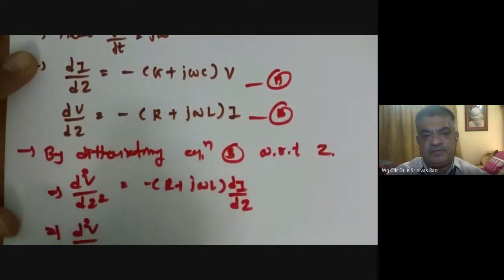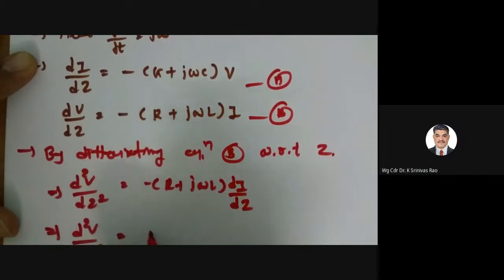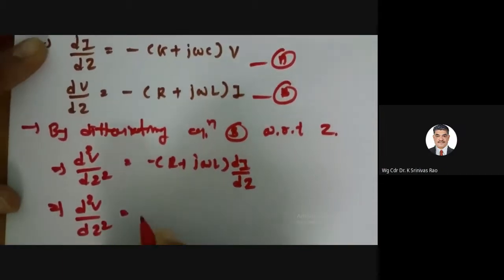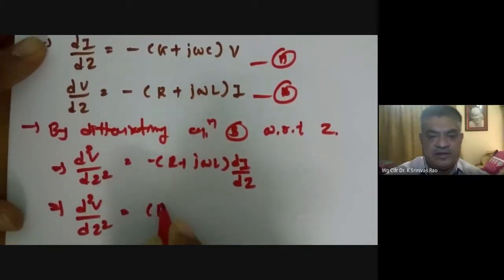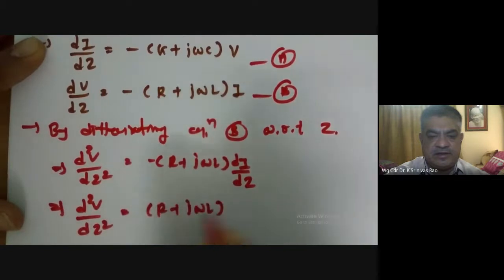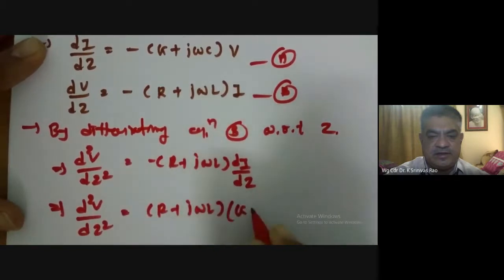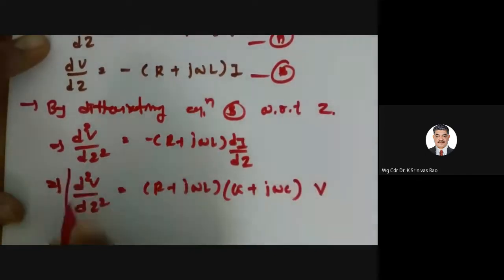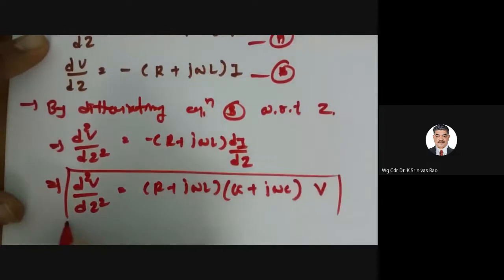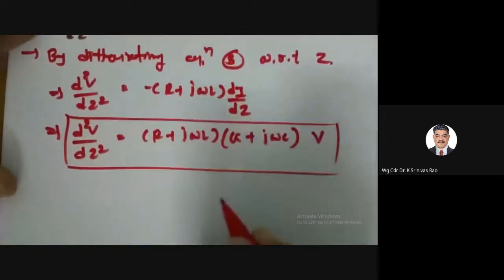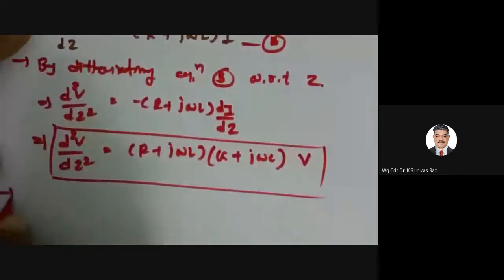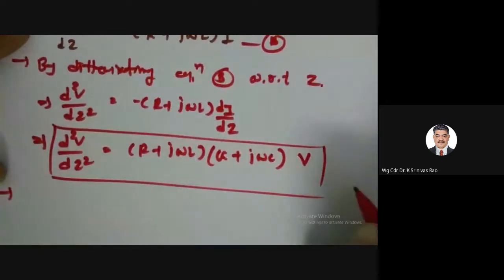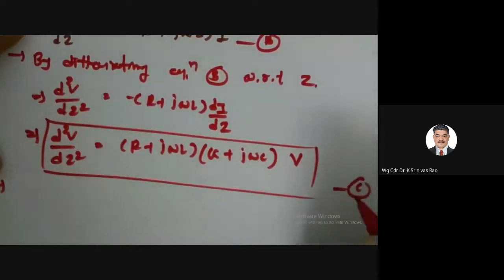D square v by dz square is equal to minus of, the minus signs cancel, so r plus j omega l into g plus j omega c into v. Now this equation we have got here is similar to a second order differential equation. We can call it equation C.